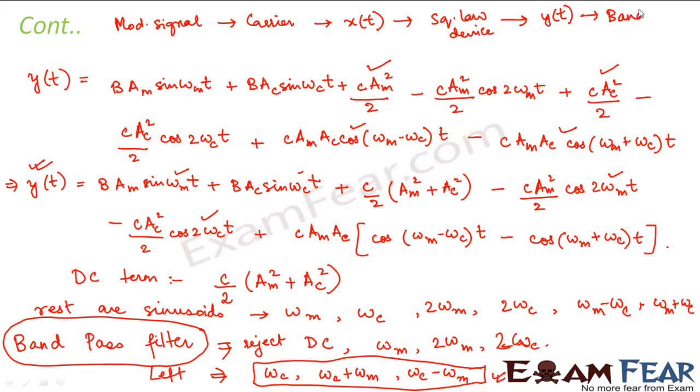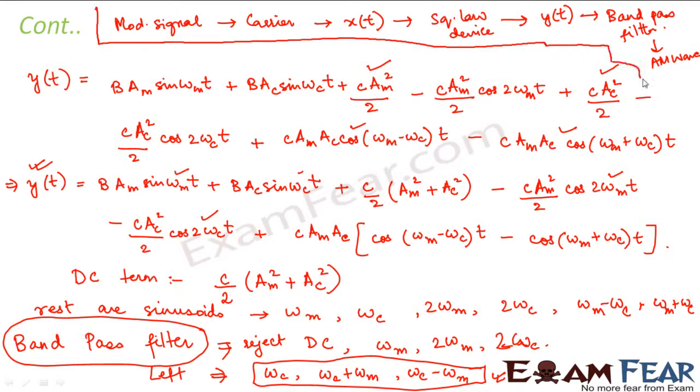Then it will be made to pass through a band pass filter. So what will this filter do? It will block everything else other than the amplitude modulated wave. It will keep only all that is needed for an amplitude modulated wave. So this is how an amplitude modulated wave is produced.